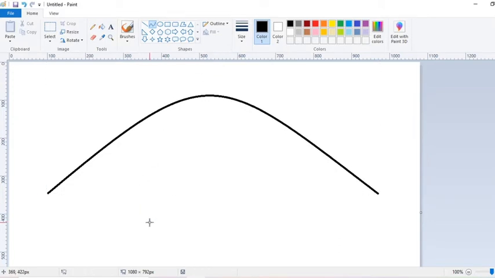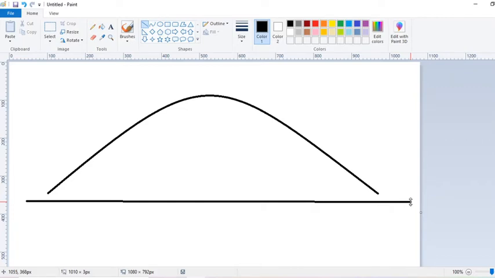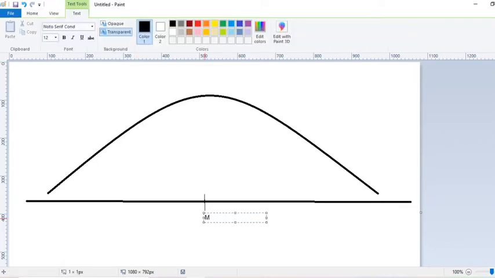Suppose this is a normal curve, and this is the central position, the central value, that is mu. Instead of mu I write it as mu equal to 32.